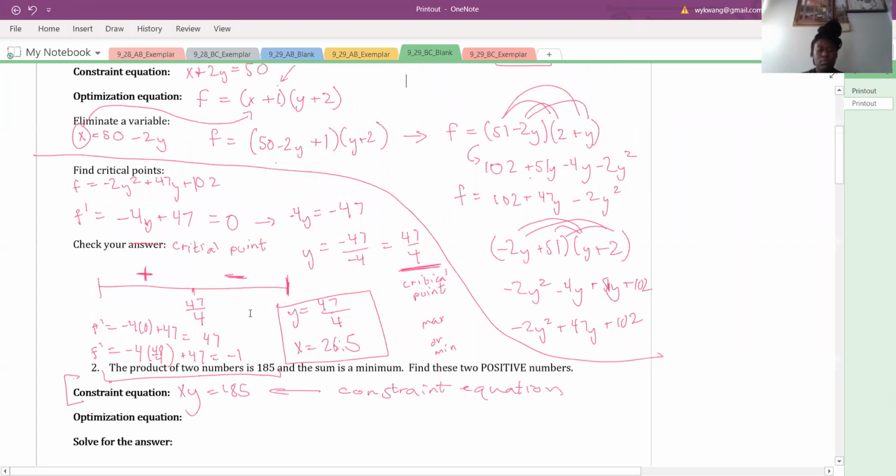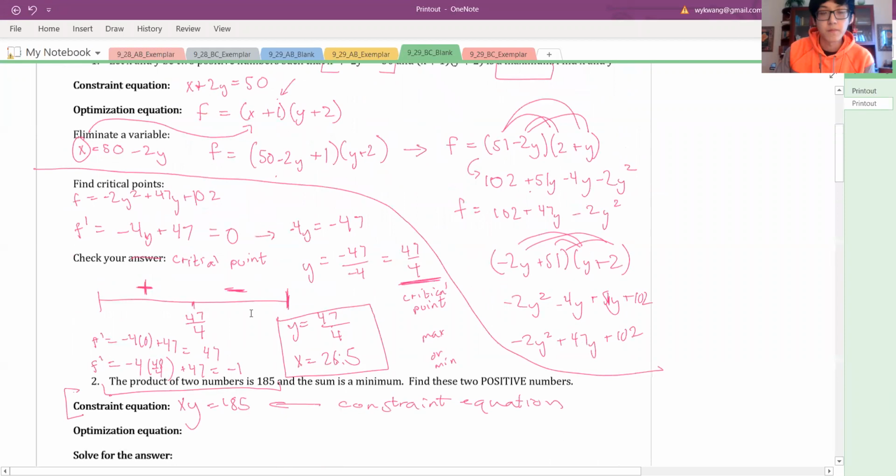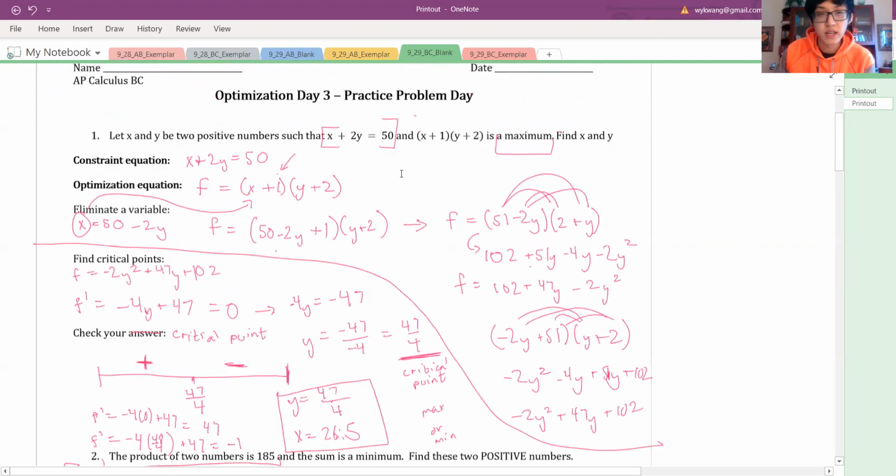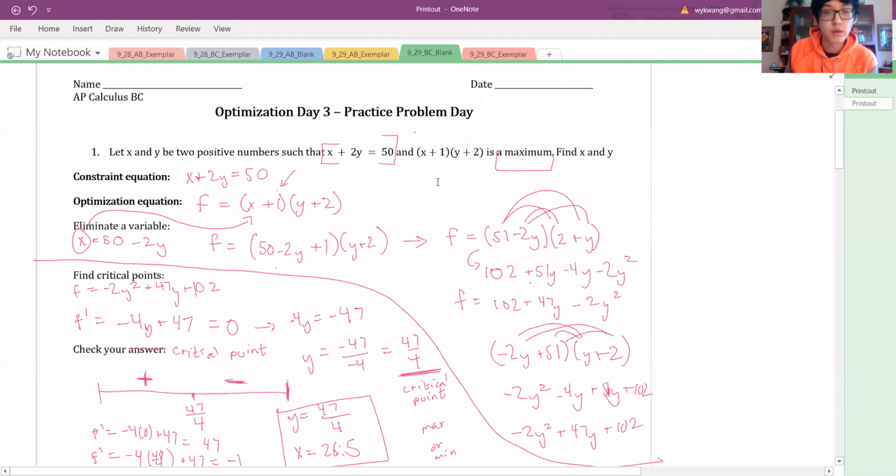Yeah, that's exactly right. So we're trying to minimize f is equal to x plus y. Just to show an analogy, for the first problem we were told that x plus 1 times y plus 2 is a maximum, so we're trying to make f equal to x plus 1 times y plus 2 as large as possible.